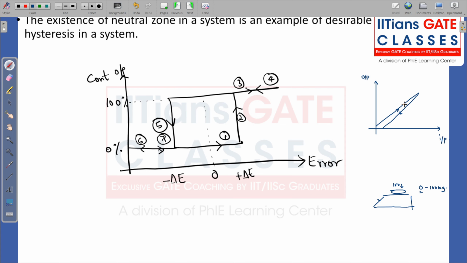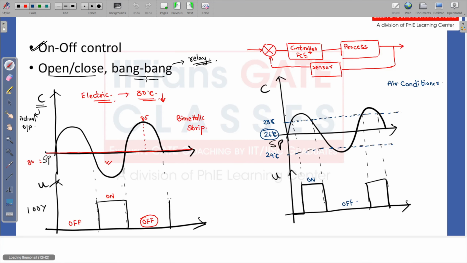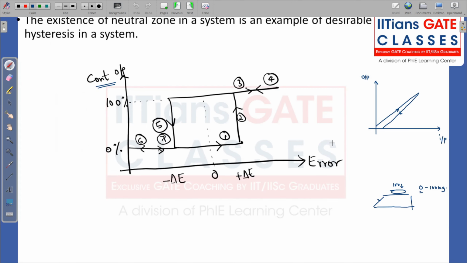But in this neutral zone, hysteresis is a desirable characteristic in the system. So I have drawn the simple input output characteristics, basically your set point error, as the graph you can see over here. Initially when this error is 0, the controller output is off.